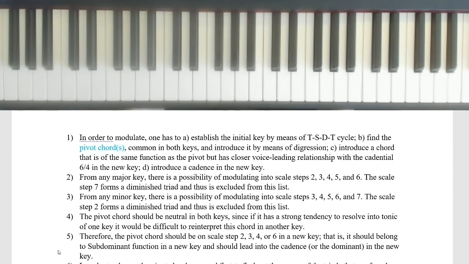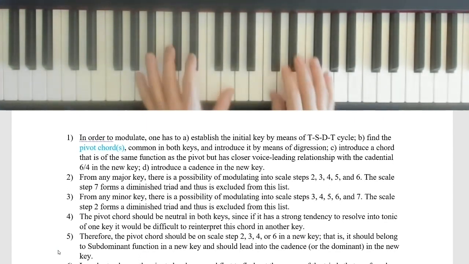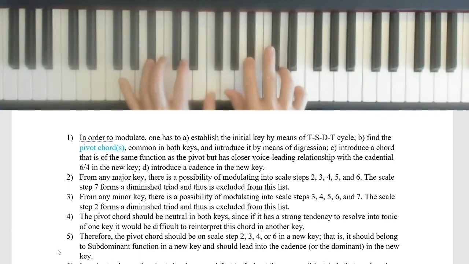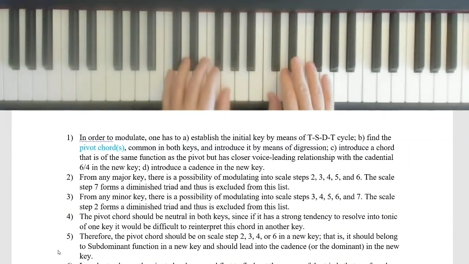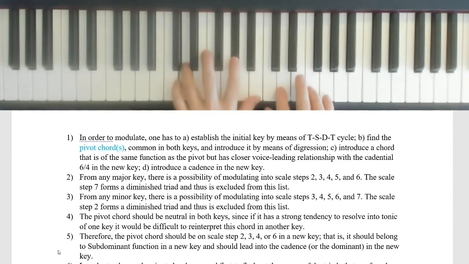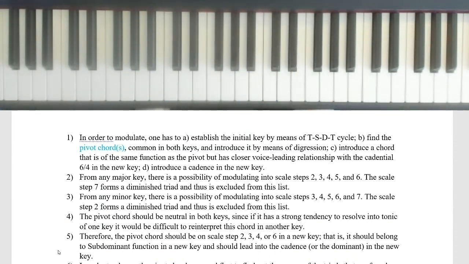Try it on scale step 7. In C minor, there is a beautiful B flat major triad. But scale step 2 forms a diminished triad, and thus it is excluded from the goals of modulations in the minor key.